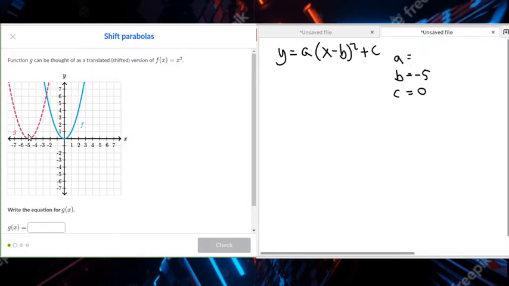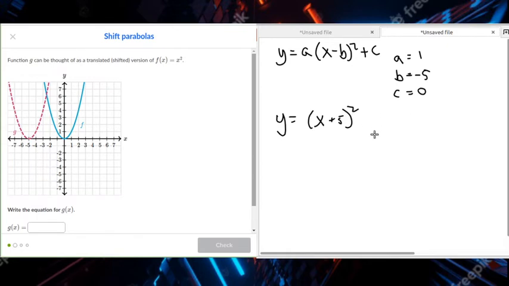These are the same shape. You can see we go over 1, up 1, over 2, up 4, over 1, up 1, over 2, up 4. Our a is still 1. So our new equation for this is going to be y is equal to 1 times (x minus negative 5), or x plus 5, squared, plus 0.